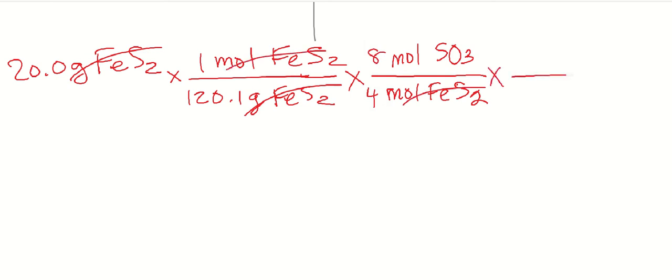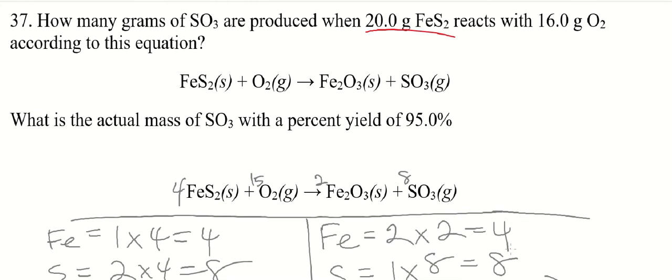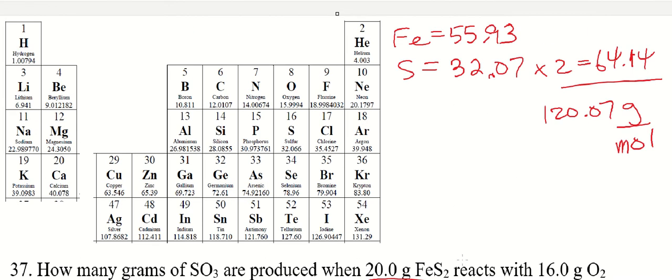Now the final step is, well, we're done if it asks for moles, but let's see, does it ask for units of sulfur trioxide? How many grams? So we're going to find the molar mass of sulfur trioxide. Moles to mass. All right, well, I had sulfur there, so sulfur 32.07.